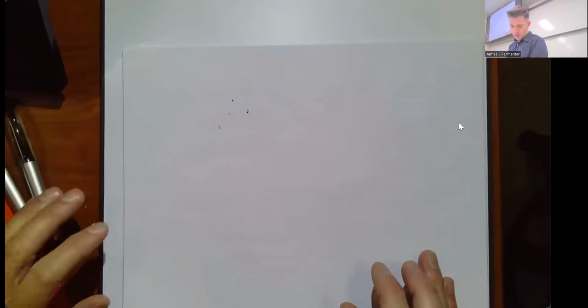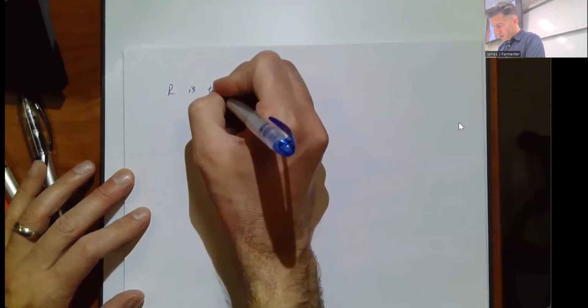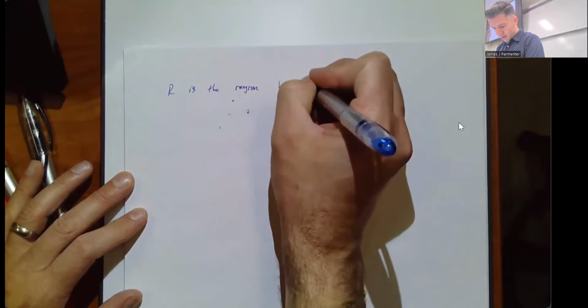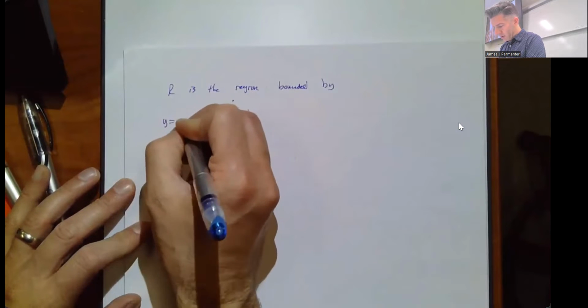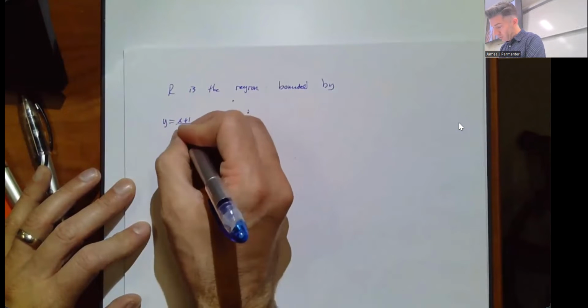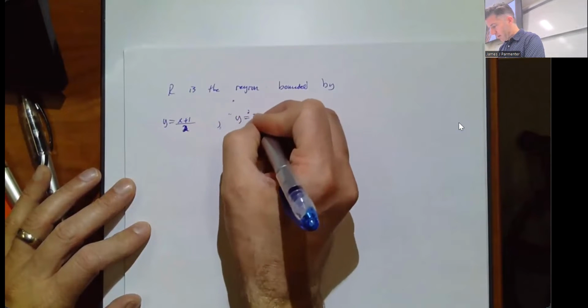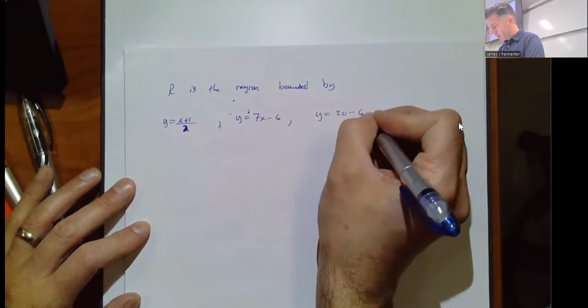I saw this question. Let R be the region bounded by y equals x plus 1, over 2, y equals 7x minus 6, and y equals 20 minus 6x.